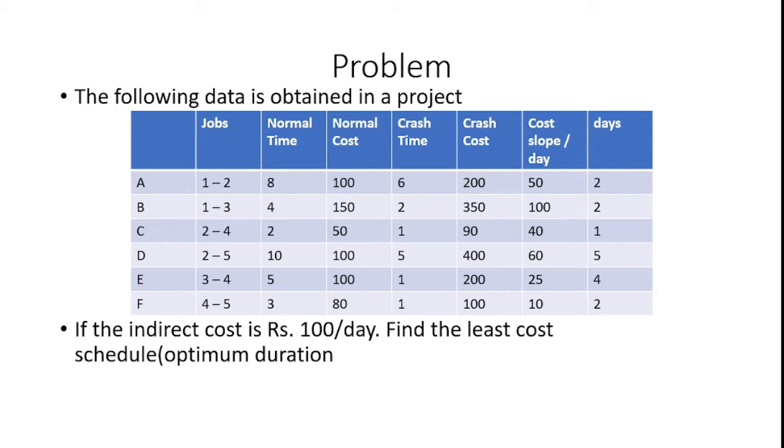Normal costs in rupees are 100, 150, 50, 100, 100, 80. If the indirect cost is rupees 100 per day, find the least cost schedule, which means the optimum duration.